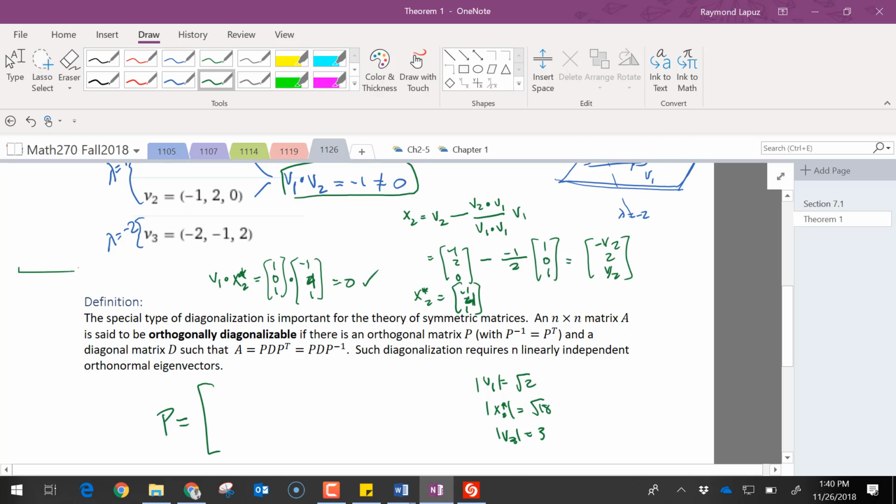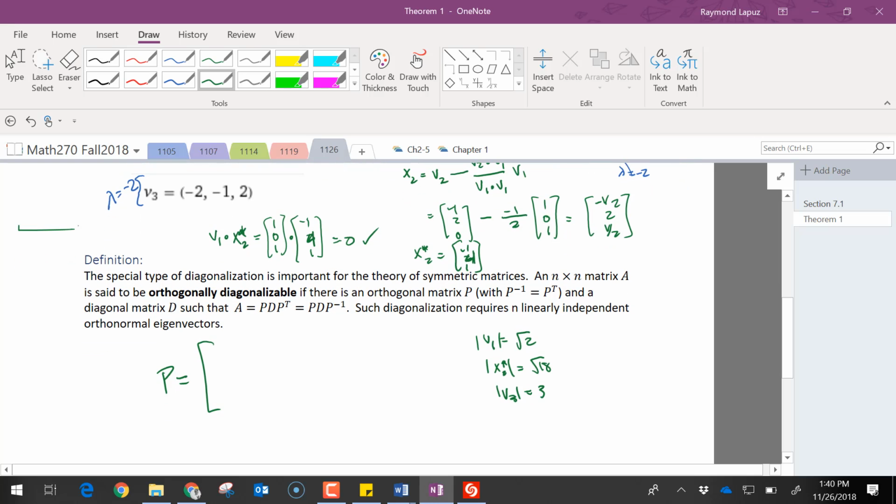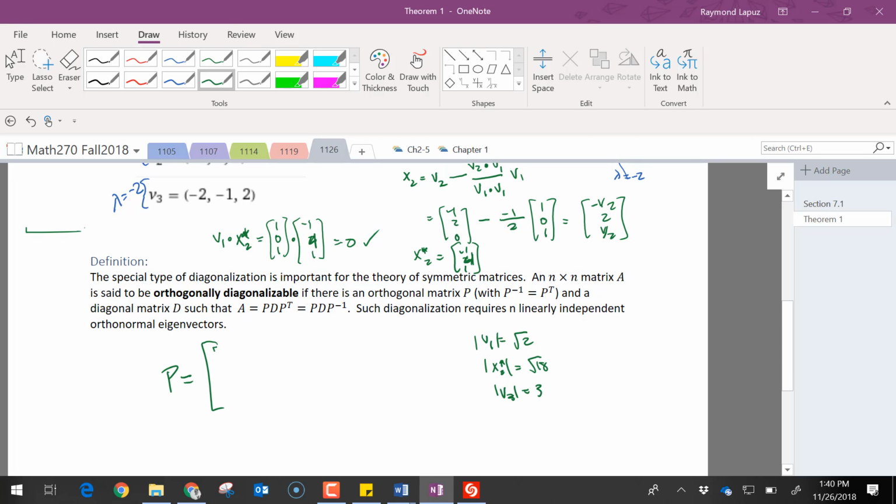So let's write each of these divided by the magnitude. So 1 over √2, 0, 1 over √2. That's the first column, eigenvalue 7, remember? The second column is going to be x2 star, which we found to be -1, 4, 1, with a magnitude of √18.